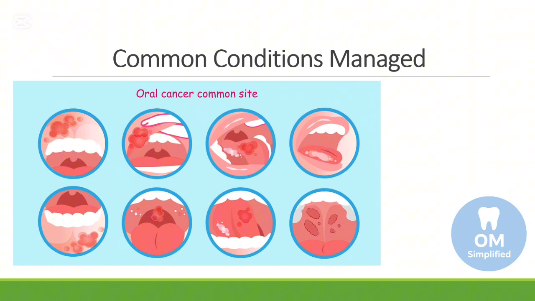How, you may ask? Well, oral medicine specialists are generally present in the diagnostic departments of any institute. So every patient that comes in the hospital or clinical setup has to go through a screening done by an oral medicine specialist. And an oral medicine specialist does what?